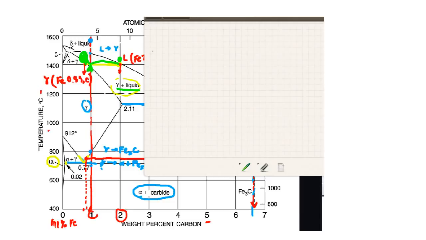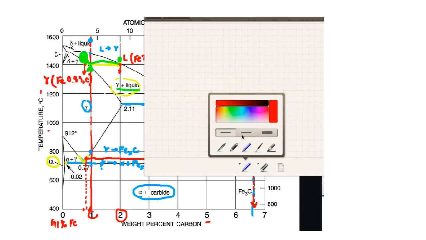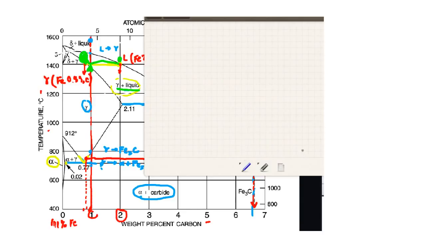Now let me write the equation here that we would use. We're calculating the fraction of liquid that we have. The fraction of liquid is going to equal this. You can see it's a small amount, so it's going to be the shorter segment right here, divided by the whole segment.